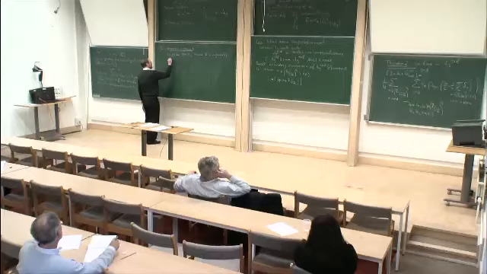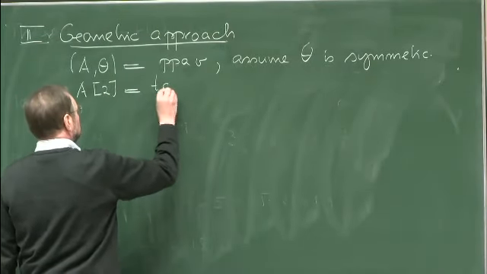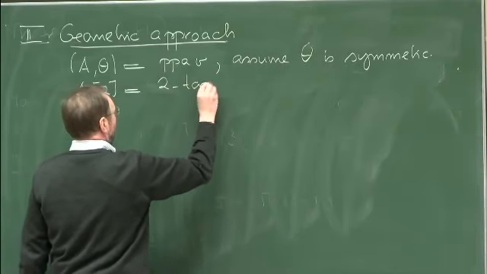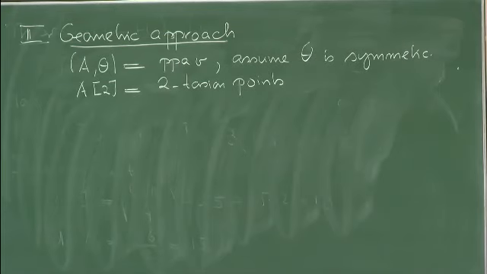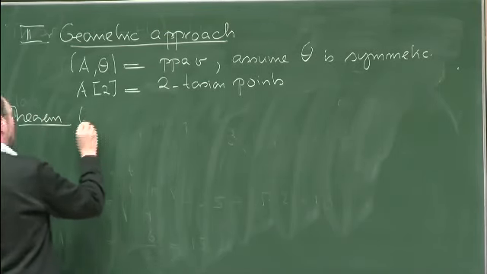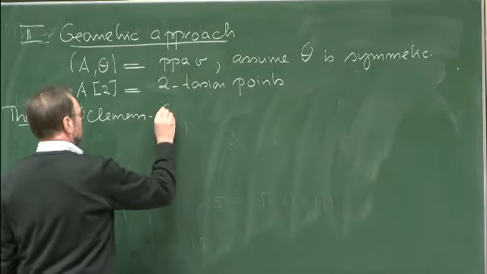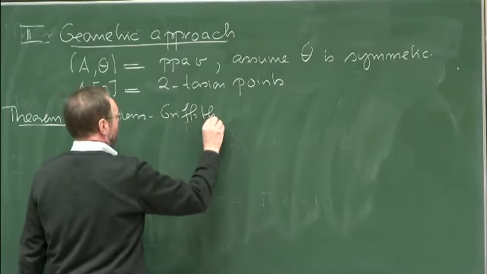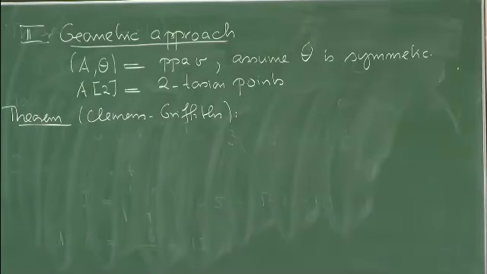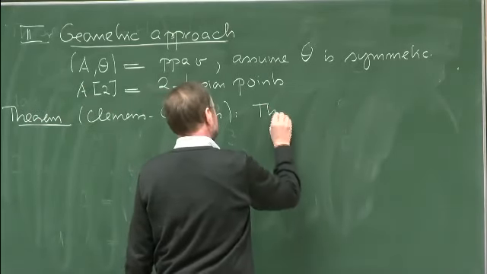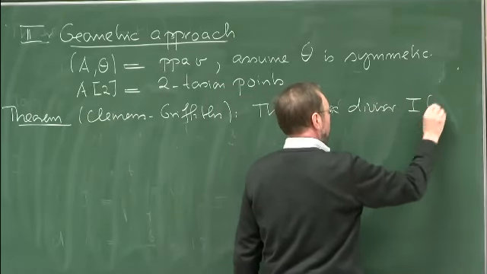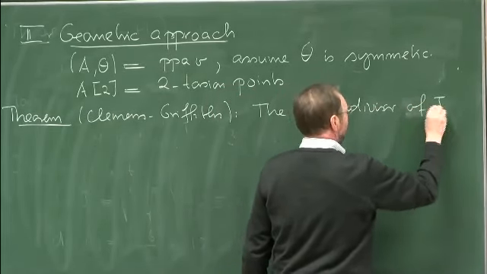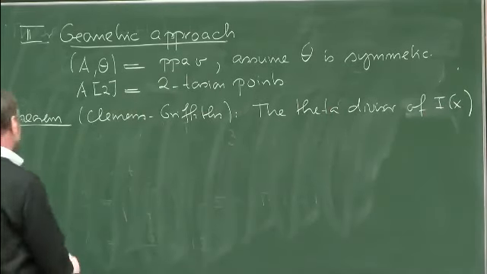And then A[2], two-torsion points. And then, following a theorem of Clemens and Griffiths, the theta divisor of X has a unique triple point.